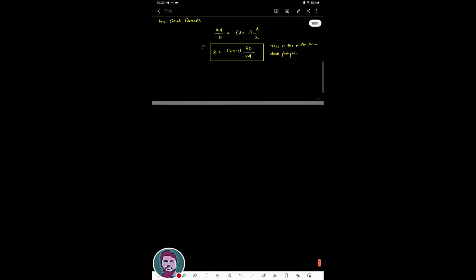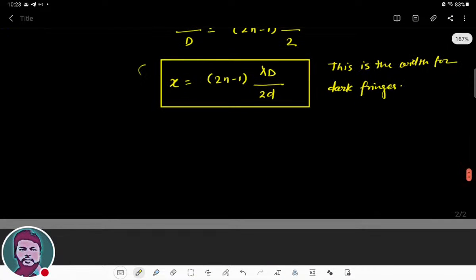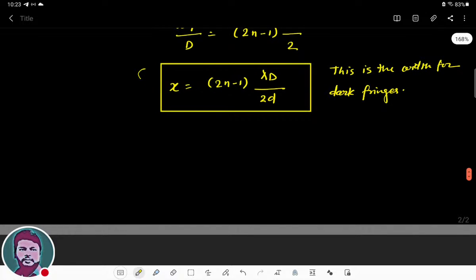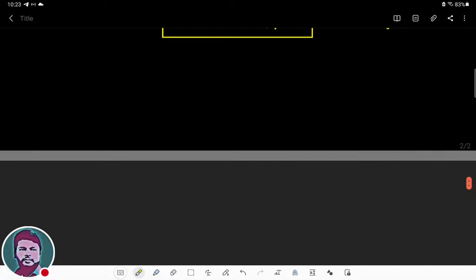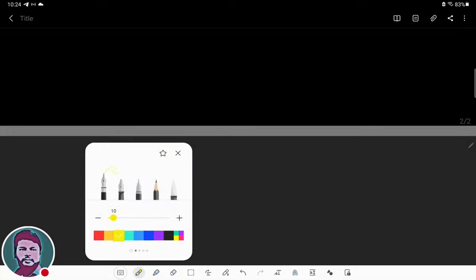So if a transparent sheet of refractive index mu and thickness t is placed in one of the paths of the interference wave, the optical path length of this wave will change, and we get a shift between the original and apparent position of the fringes. So this phenomenon is known as fringe shift.